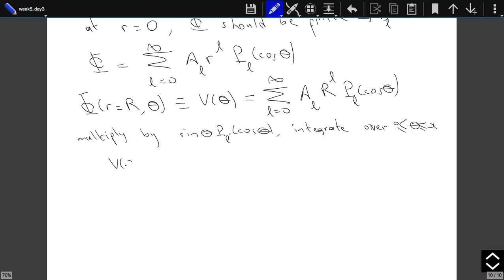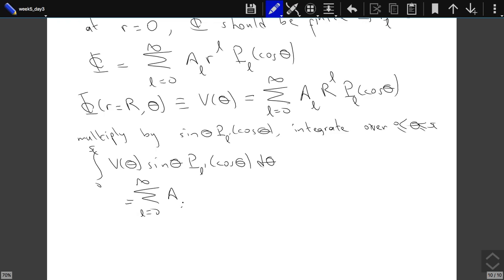So that gives me V of theta, sine theta, P_L prime of cosine theta, d theta, from 0 to pi. This should be equal to the sum over L from 0 to infinity of A_L R to the L, P_L of cosine theta, P_L prime of cosine theta, sine theta, d theta from 0 to pi.